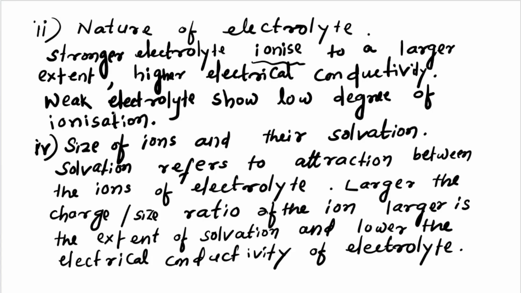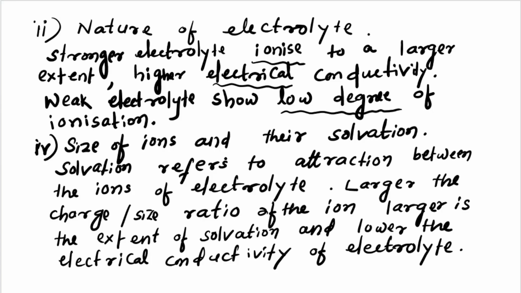But when you see weak electrolytes, they have a low degree of ionization. When you read strong and weak electrolytes, at that time you can differentiate between them. But here, stronger electrolytes when added to water or in molten state are ionized to a large extent. So they conduct electricity higher.